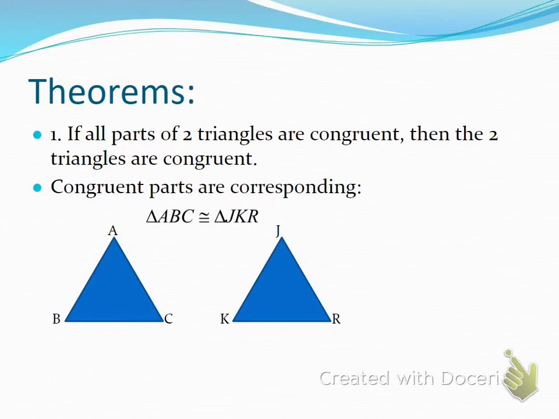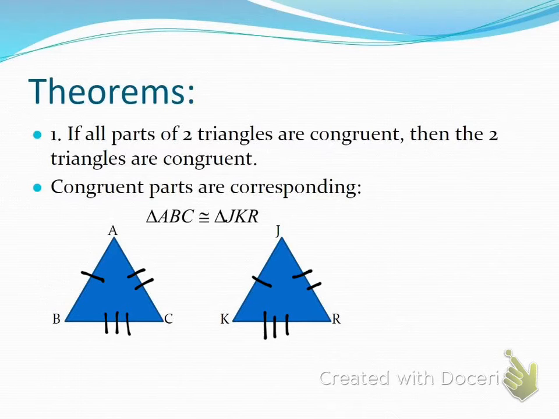So if all parts of two triangles are congruent, then the triangles are congruent. So what that means is, if AB is congruent to JK, so this side is congruent to this side, and AC is congruent to JR, and BC is congruent to KR, okay?